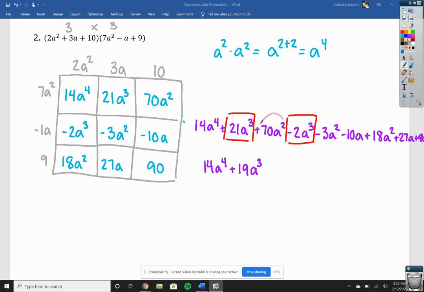Next up, I have the a squared, so 70a squared, negative 3a squared, and 18a squared. So 70 minus 3, that's going to be 67a squared, and then 67 plus 18.